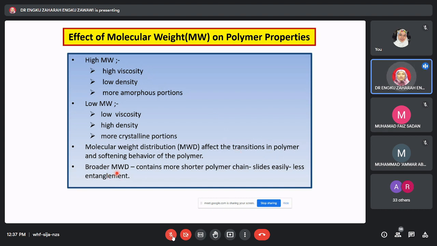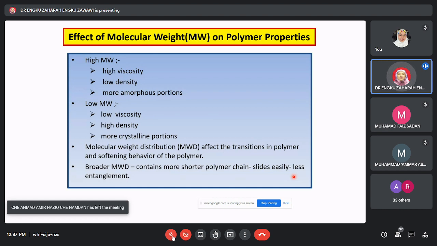So broad molecular weight distribution contains more shorter chains. So therefore, sebab bila broad maknanya dia banyak juga yang pendek dan ada yang panjang. Kalau narrow tu jumlah rantai polymer dia almost very close to each other. So yang ni broad, so they contain more shorter polymer chains. So these shorter polymer chains tadi akan easily slide past each other because dia ada kurang entanglement, kurang kusut from one to another.